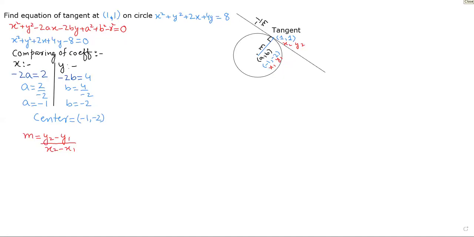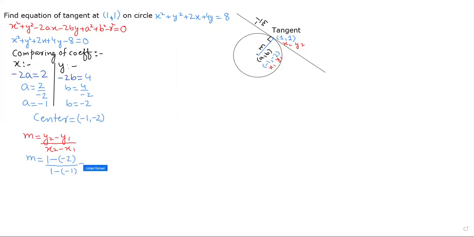So plotting the values in the formula to get the gradient, m equals y2, as it is in the diagram, 1, minus, the sign of the formula, y1 is minus 2, upon x2 is 1, minus, the sign of the formula, x1 is minus 1.